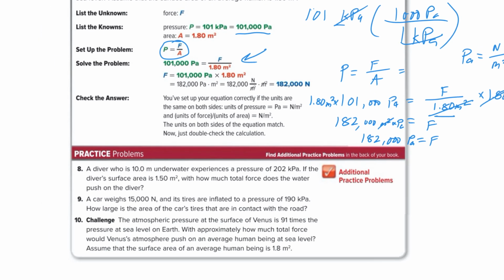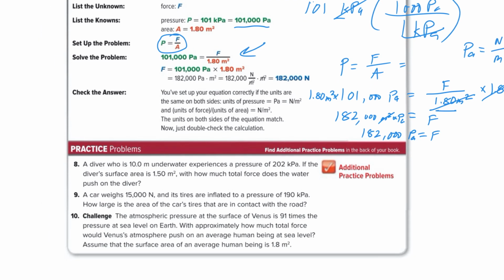So if you look at some of the other problems, these are some of the ones in the problem set. Number 8 down here. A diver who is 10 meters underwater experiences a pressure of 202 kilopascals. If the diver's surface area is 1.5 square meters, with how much total force does the water push on the diver? This is the same exact problem you just had.